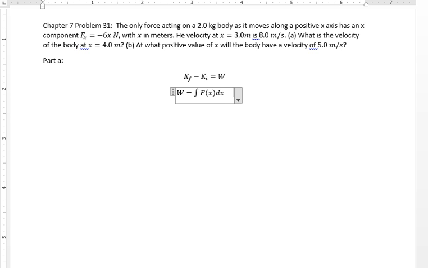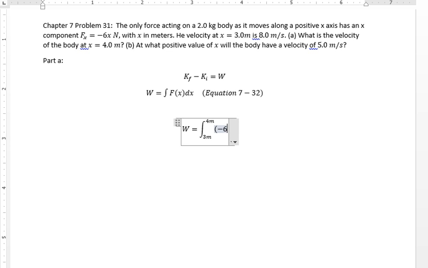This is equation 7-32, I think. So W equals the integral from 3 meters to 4 meters of minus 6x dx. Now, in the end, the units on this are going to be joules.